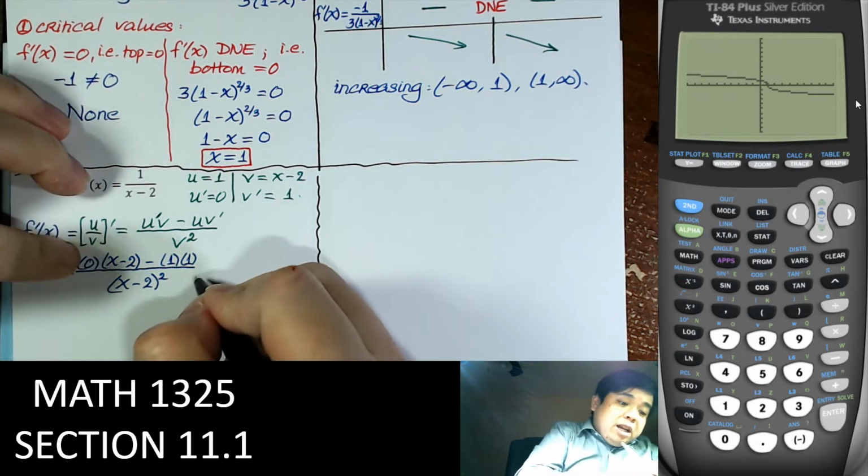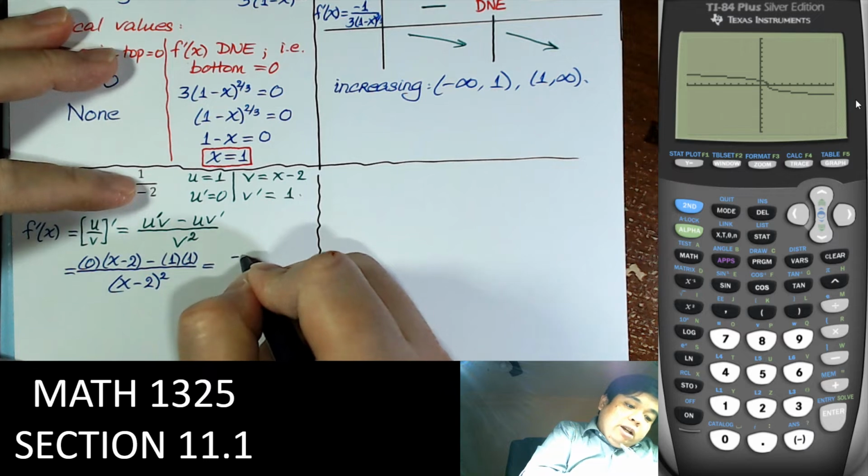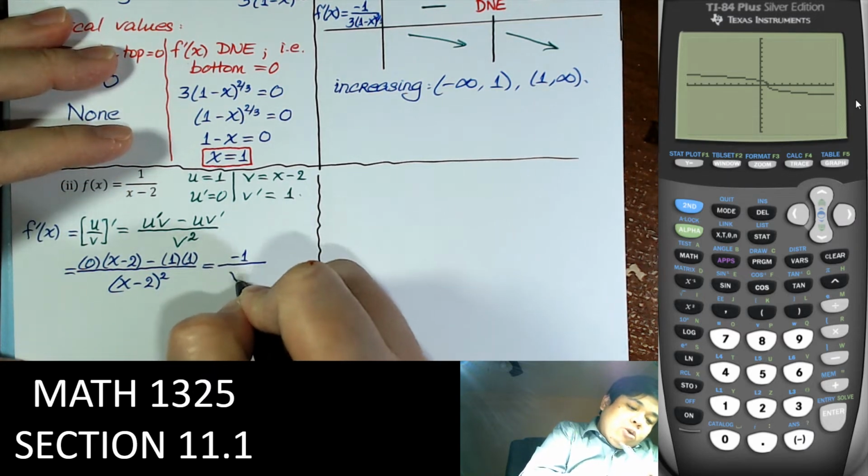So 0 times anything is 0. You just have negative 1 over x minus 2 squared.